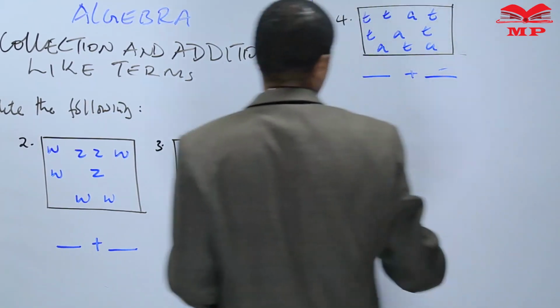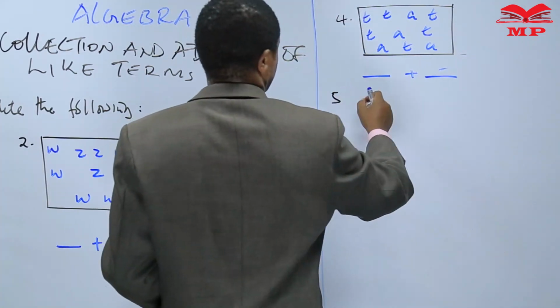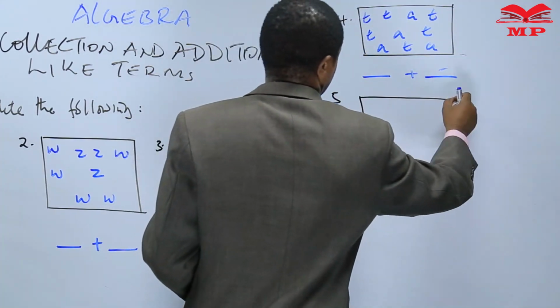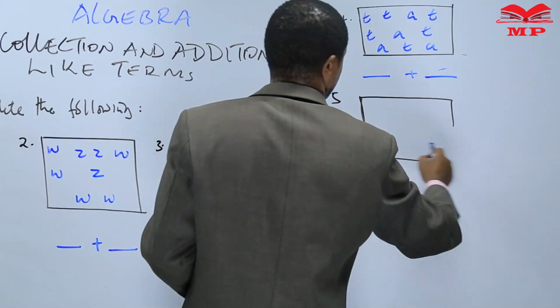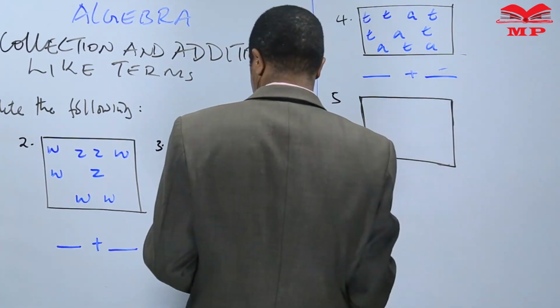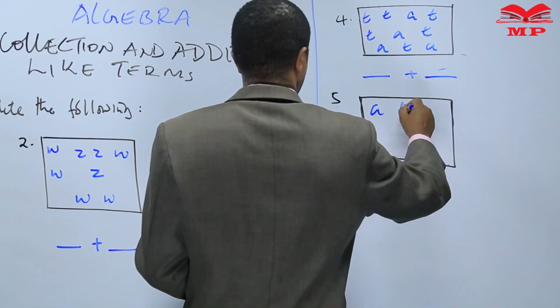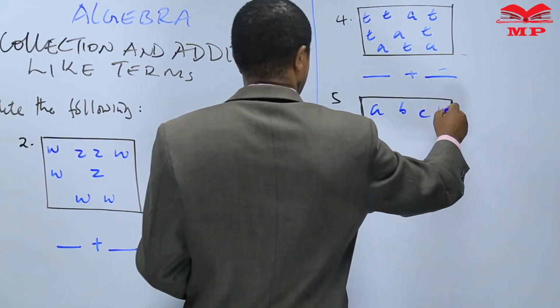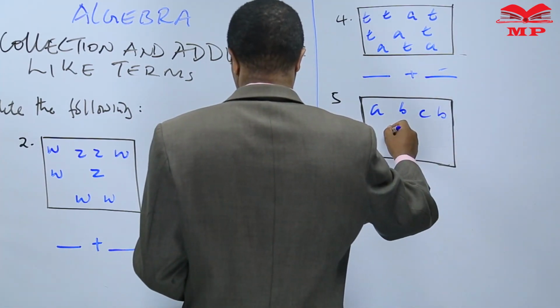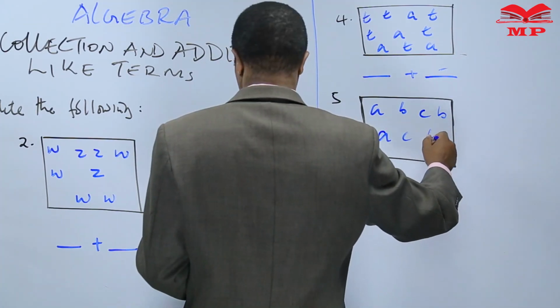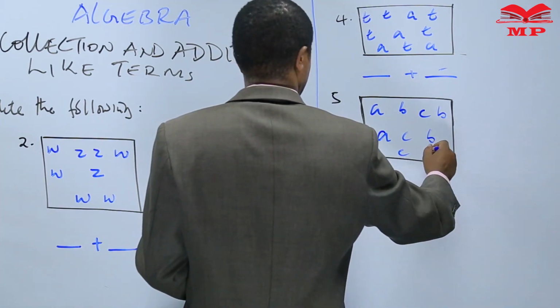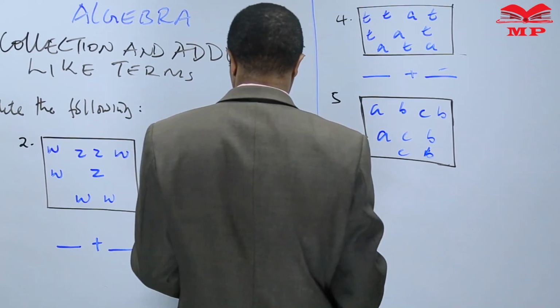Number 5. Have another box for number 5. A, B, C, B, A, C, B, C, C, B.